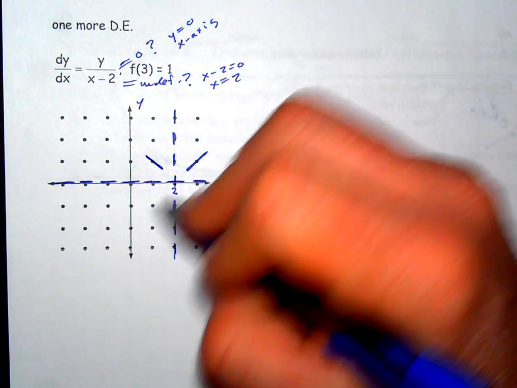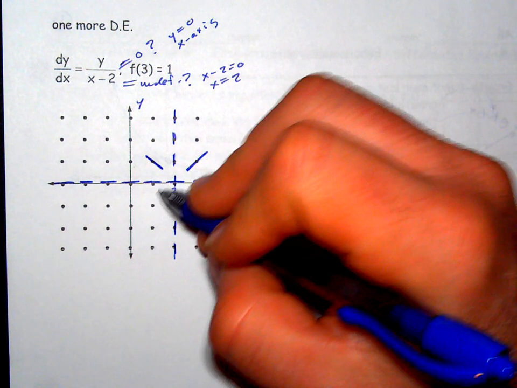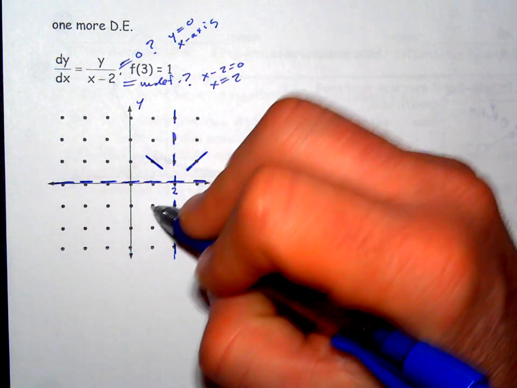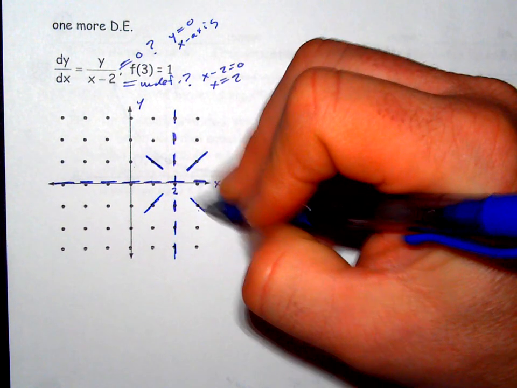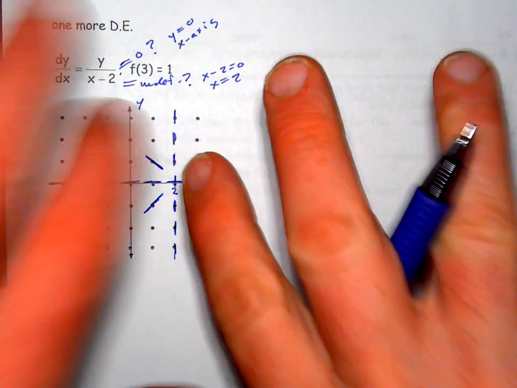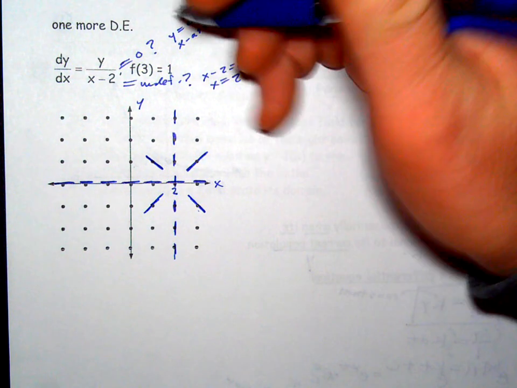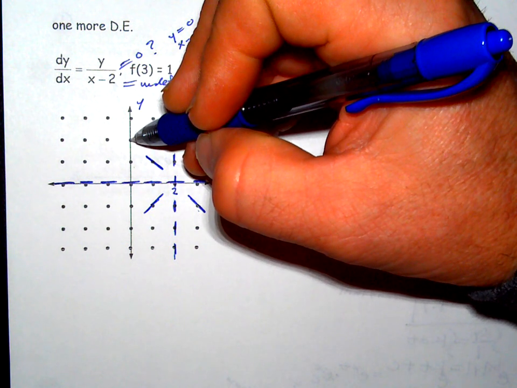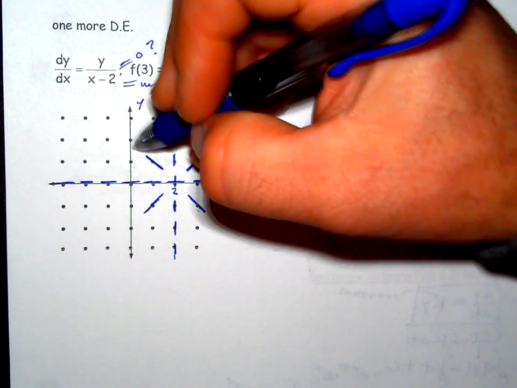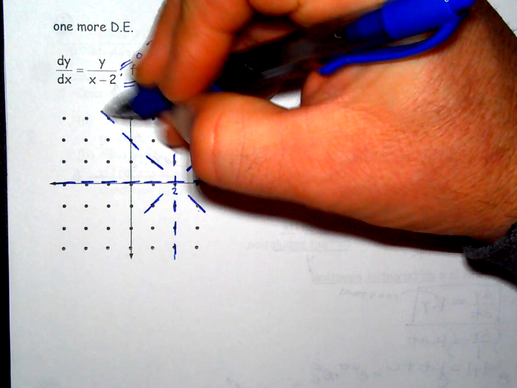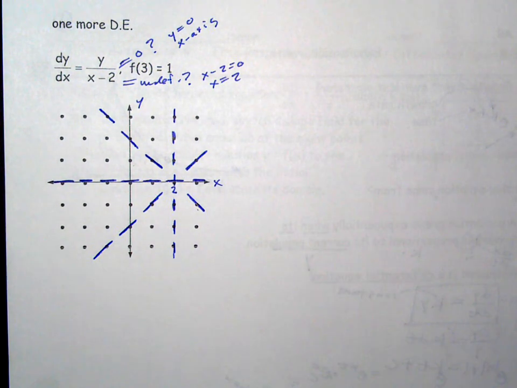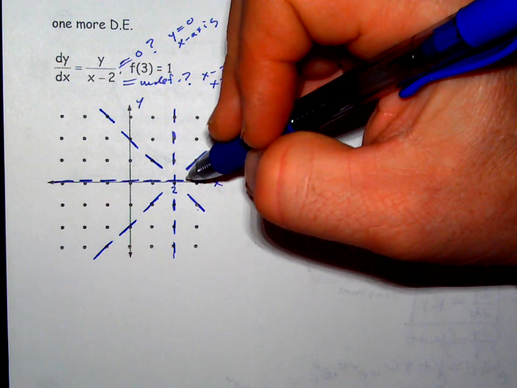I bet this one, if you do 1, -1, that's going to be +1, and this one's going to be -1. So you start to see this sort of radiating slopes. Now, 0 for x, 2 for y, be -1. Oh, but this is -1. And so you start to see these lines going.